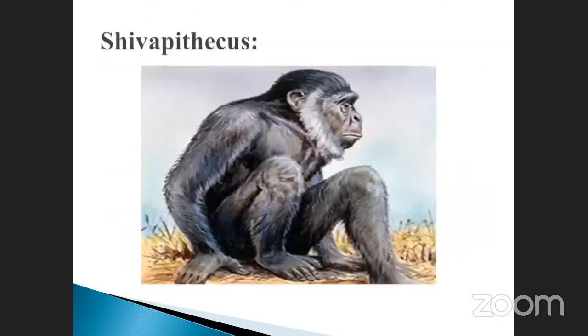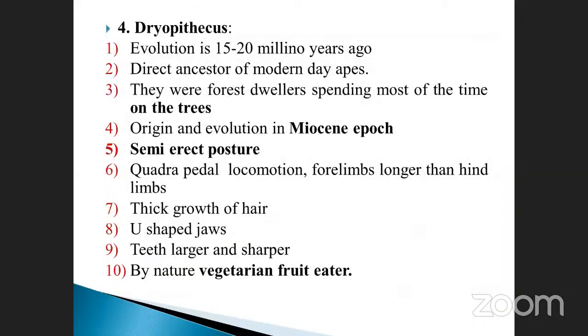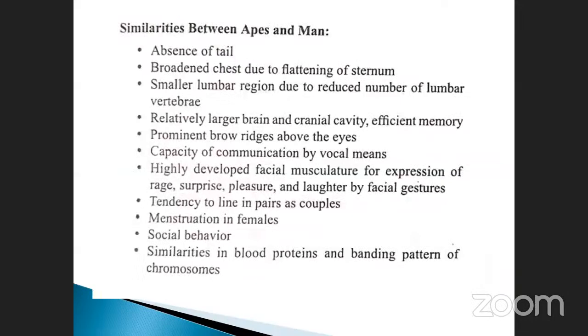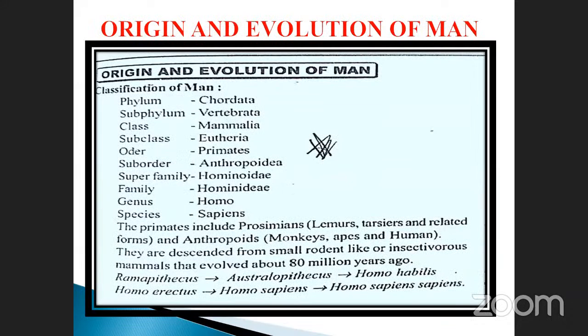The remaining things, Australopithecus and the evolution of the hominids, we will see in the next classes. Here, what are the things we discussed? The general characteristics of man and how they are classified.